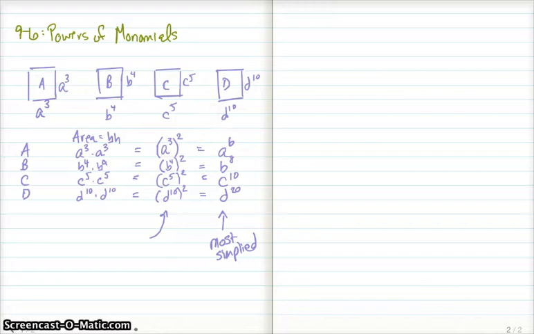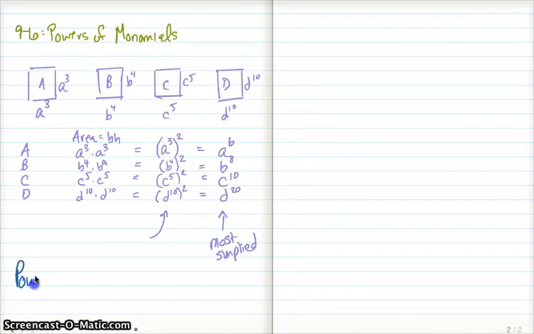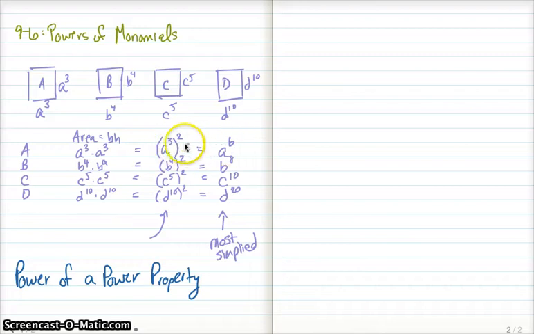So let's go ahead and jot down that property. The power of powers property states that when we have a power to a power, we can actually multiply the exponents together to get our simplified exponent.